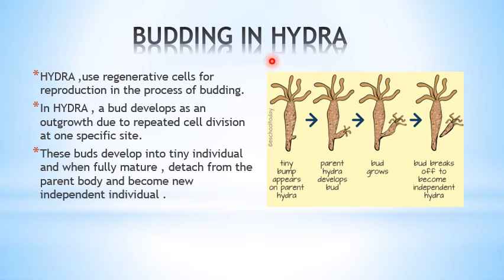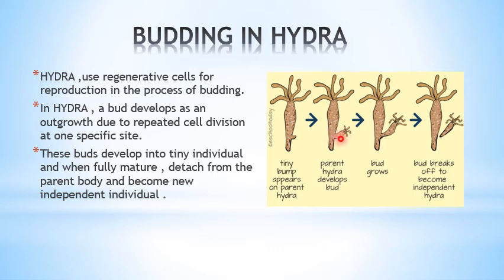Now budding in hydra, very important. Hydra uses regenerative cells for reproduction in the process of budding. First see this picture. This is a small outgrowth known as the bud, and by taking nourishment from the parent, that bud grows in size.